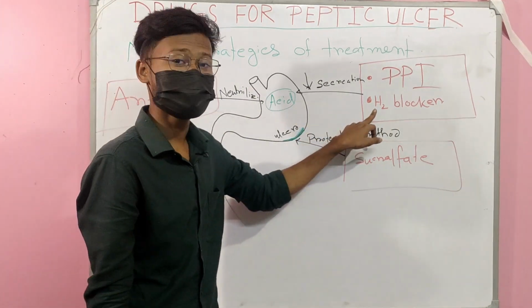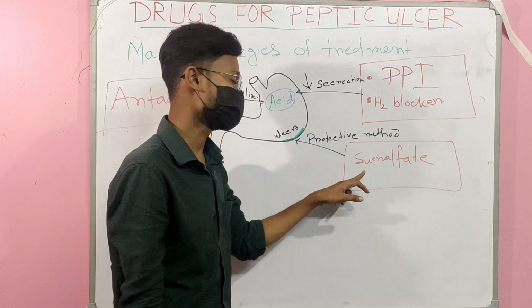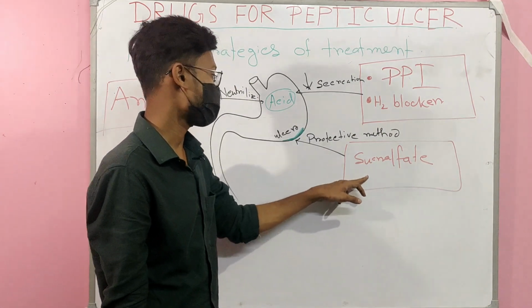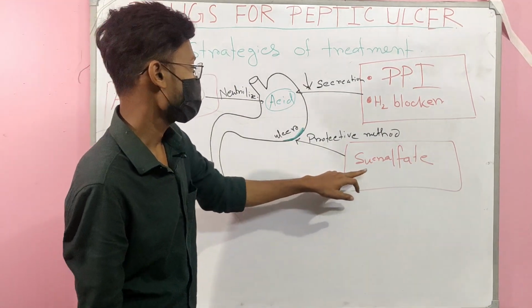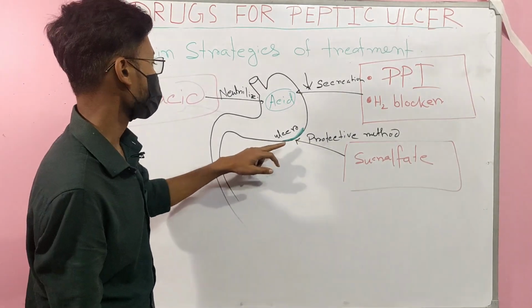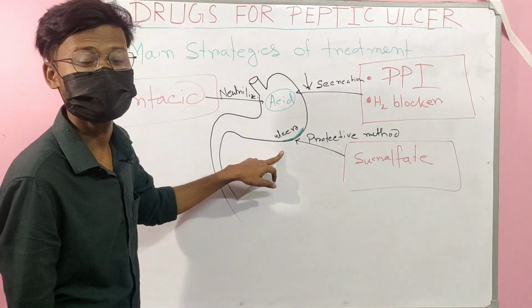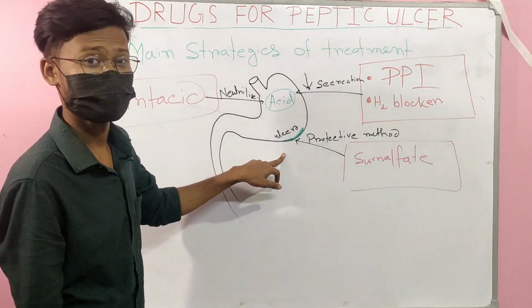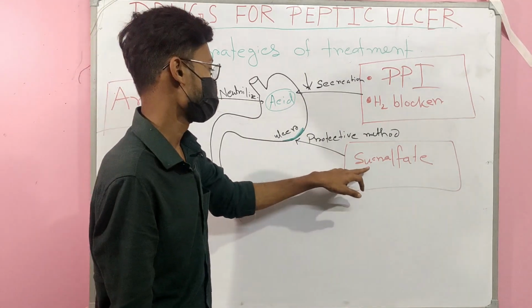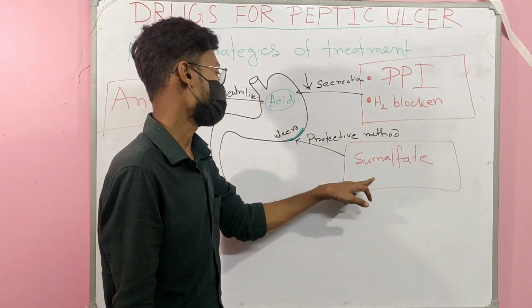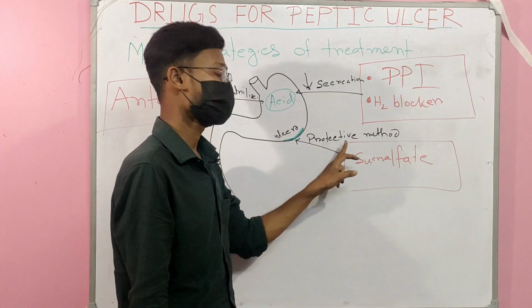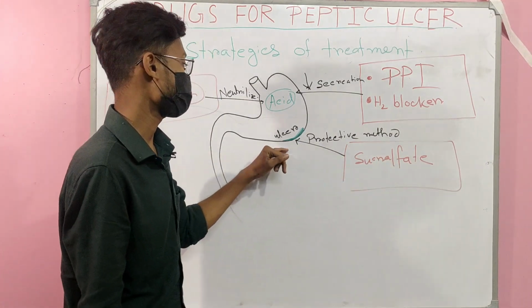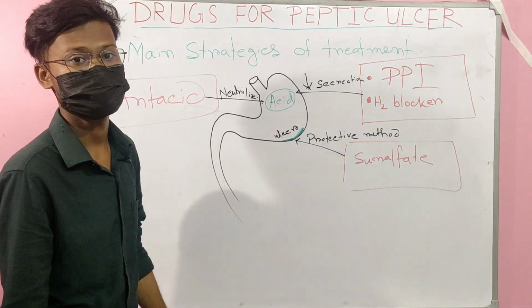Example: ranitidine, cimetidine. Then sucralfate. Sucralfate is one kind of drug which protects our inner lining of the stomach from ulcer. It works through a protective method in the inner lining of the stomach.